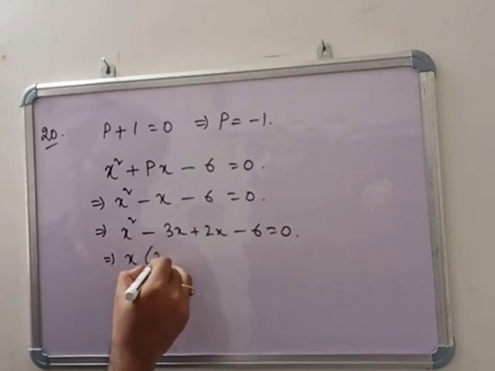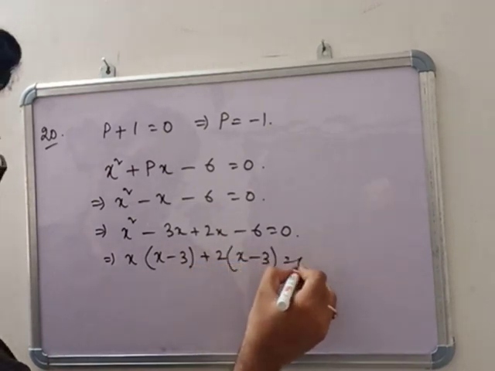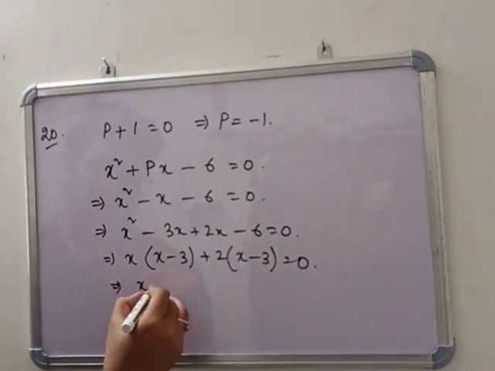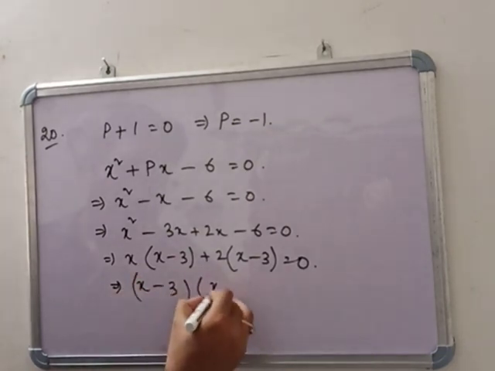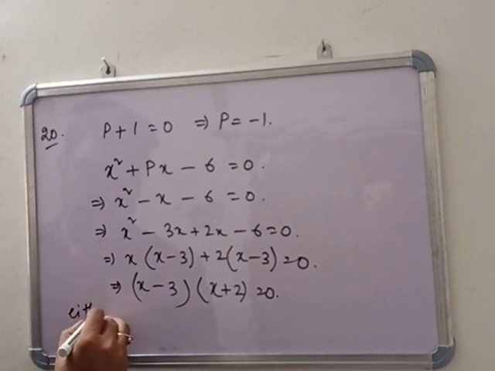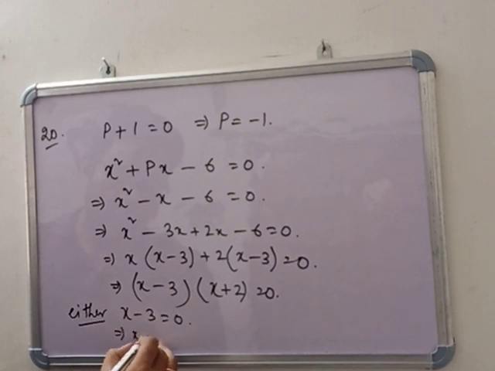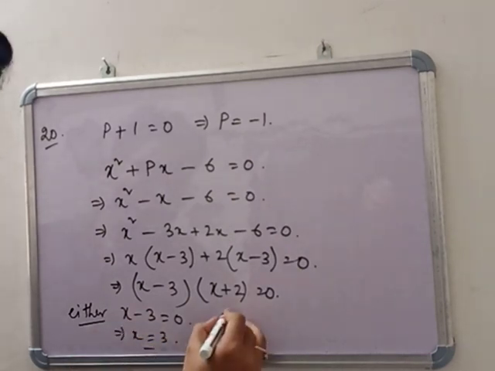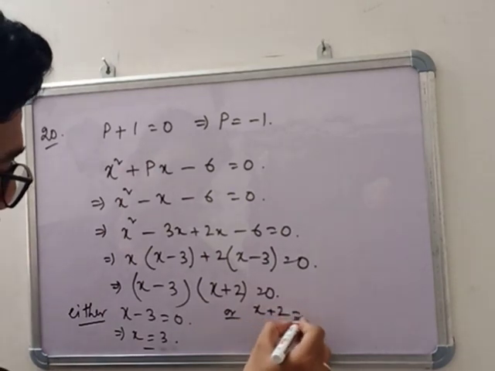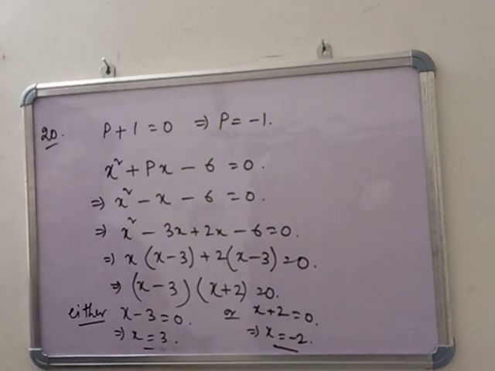So x common, x minus 3 plus 2 common, x minus 3 equals 0. So x minus 3, x plus 2 equals 0. So either x minus 3 equals 0 gives x equals 3, or x plus 2 equals 0 gives x equals minus 2. So the values of x are minus 2 and 3. Note it down.